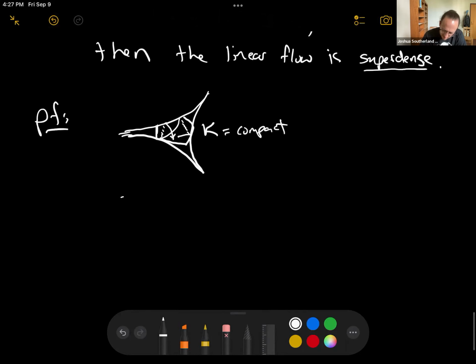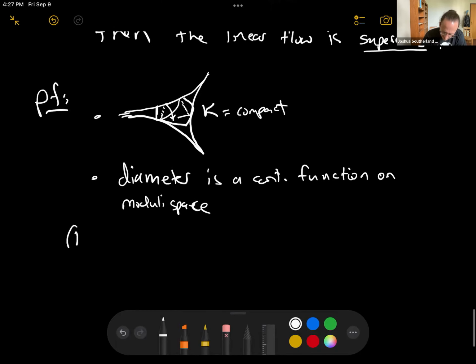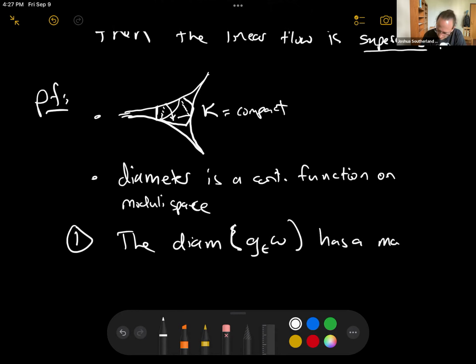So the diameter is a continuous function on the moduli space. And so that means that the diameter of g_t omega has a maximum.